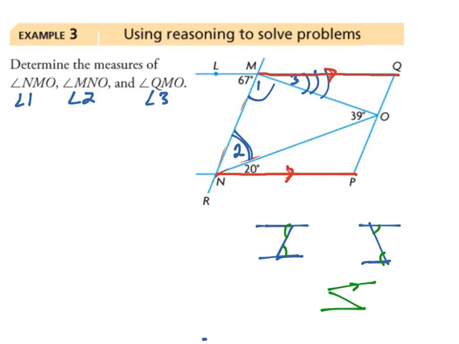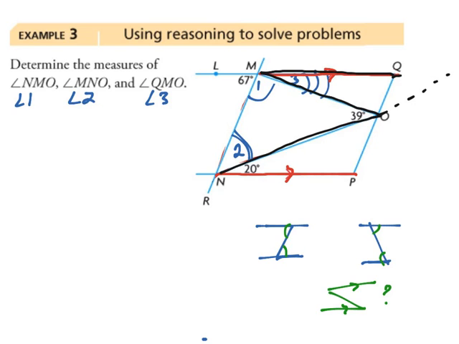I see this Z pattern right there. But as you could see, if you extend these two lines together, they will actually meet at one point. So these two lines are not parallel. Don't make that assumption that they are.